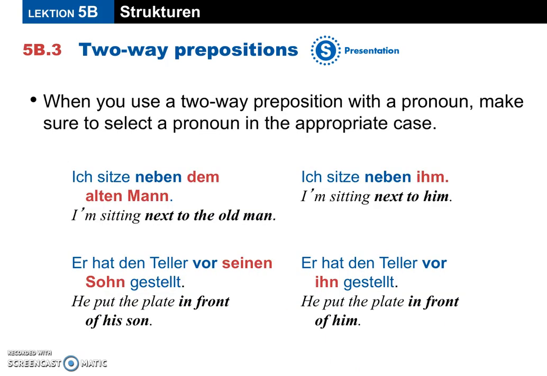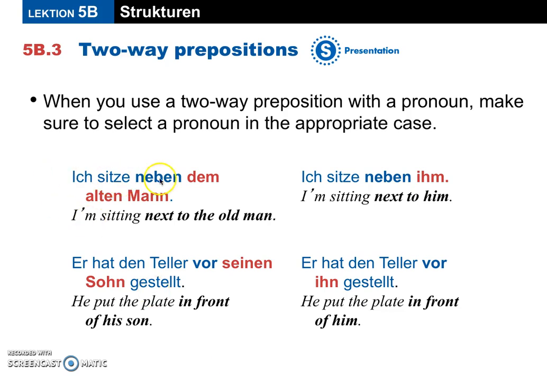When you use a two-way preposition with a pronoun, make sure you select a pronoun in the appropriate case. Remember we did accusative and dative pronouns just recently. Ich, nominative; mich, accusative; mir, dative.